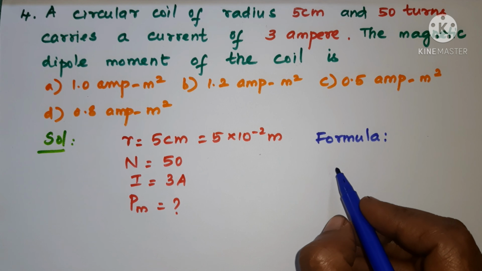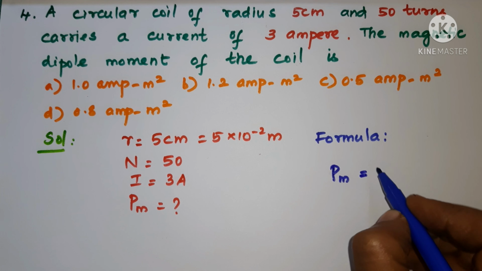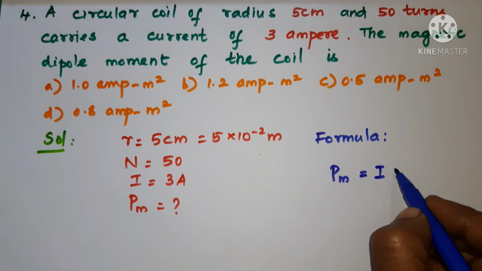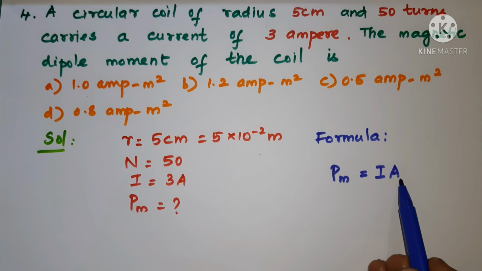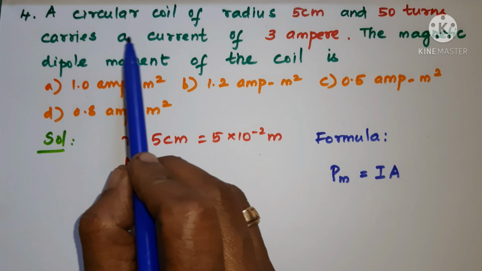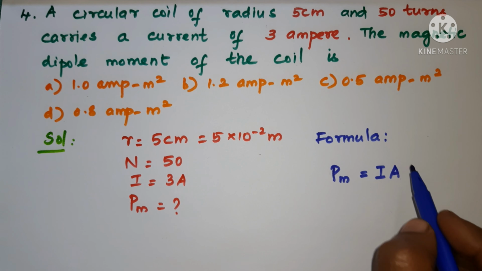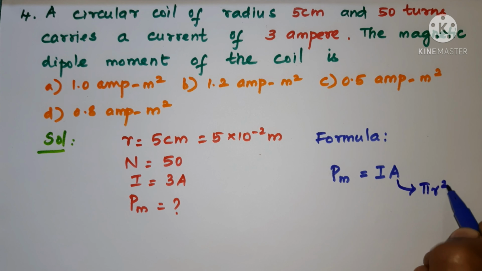The magnetic dipole moment PM is equal to the product of the current and area of the loop. Here in the question, area is not given but radius is given. It is a circular coil, so we can take the area of the circular coil as pi r square.